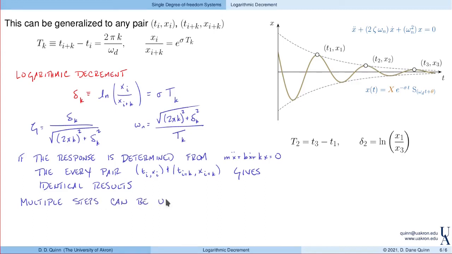Well, it can be used to estimate how well the system is represented or modeled by our second order spring mass damper system.